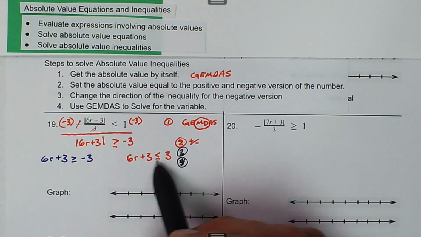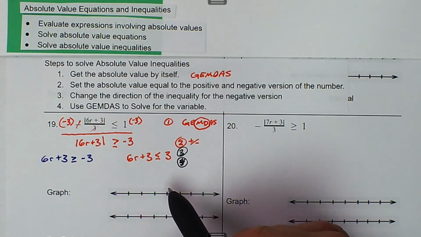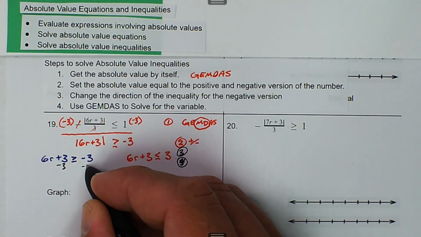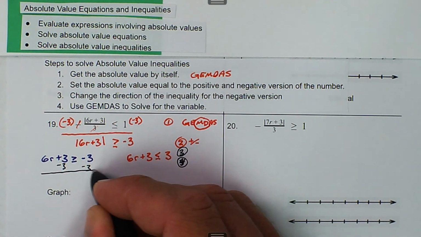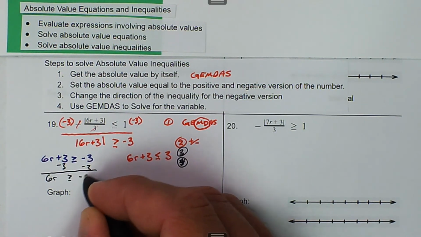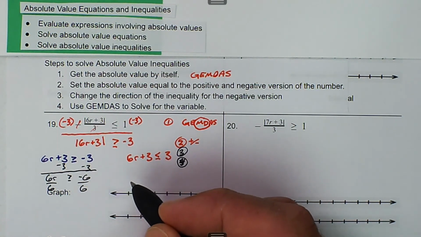So step number 3 was change the direction of the inequality sign. And then step number 4 is just solve using GEMDES again. So first thing we should do is subtract 3. And we get 6r is greater than or equal to -6. And then we divide by 6.